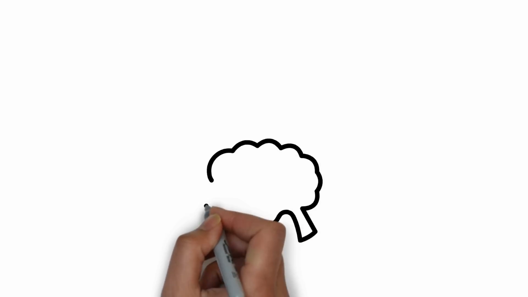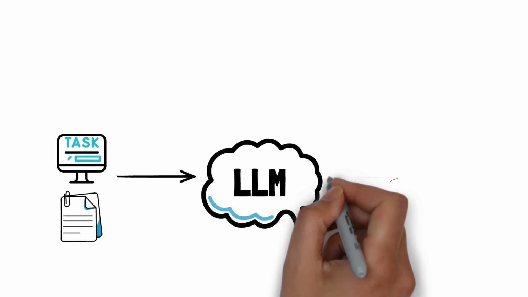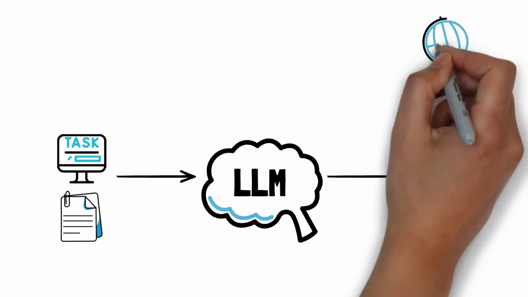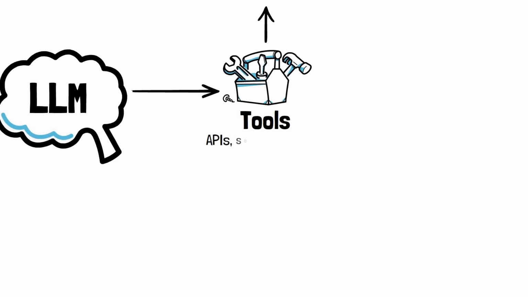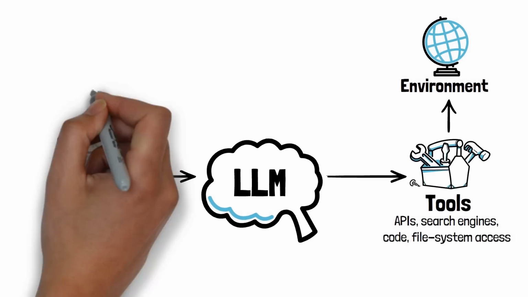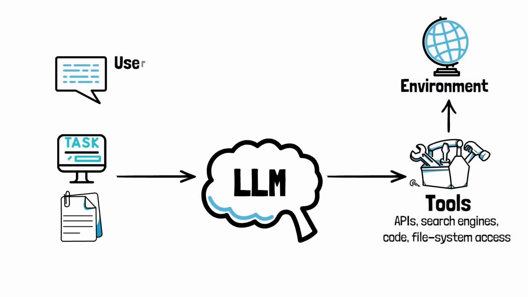An LLM agent is a system built around a language model that can process data and instructions and that can interact with the external environment, typically via tools such as APIs, search engines, code execution, or file system access. Agents are often implemented as conversational workflows triggered by a user prompt, but they can also be non-conversational.